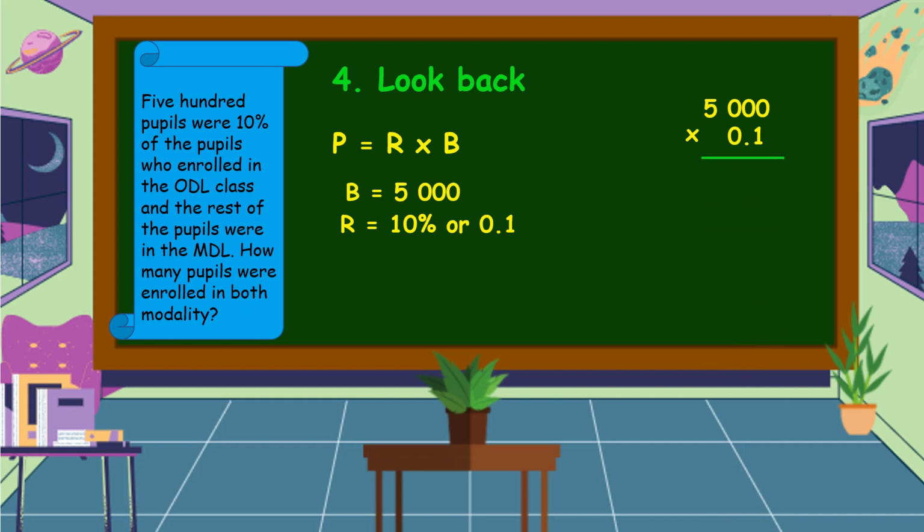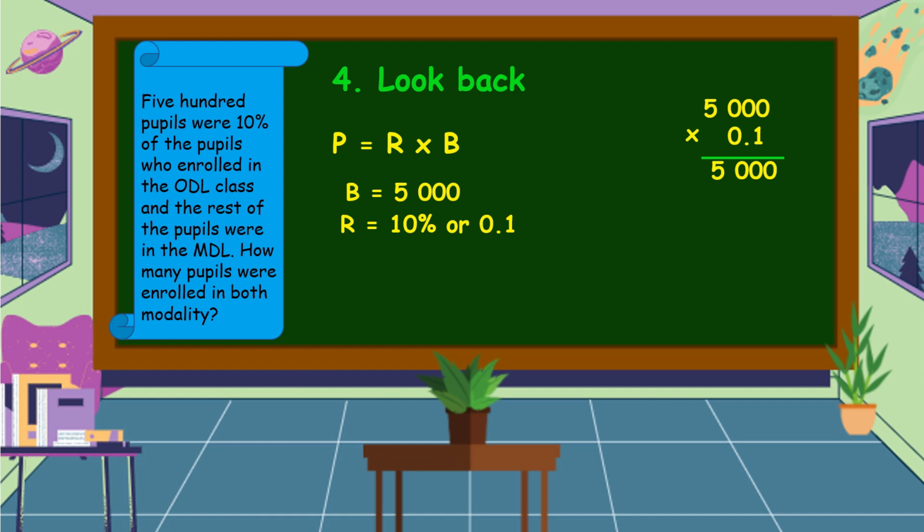So, 5,000 times 0.1. In multiplying a whole number and a decimal number, first we're going to multiply as if multiplying whole numbers. Then afterwards, we're going to count the decimal places in our factors. So, 5,000 times 1 is equal to 5,000. Then we're going to count the decimal places.